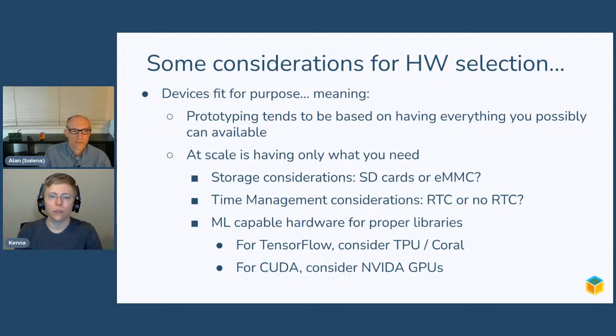So for instance, like a TensorFlow application, you might consider just adding a Coral TPU to your Raspberry Pi. But now suddenly you need an extra USB port. Meanwhile, if you're using CUDA libraries, then of course you're going to need NVIDIA GPUs. And so these are all things that you kind of have to test for. And there are different ways to do that, trying to size your hardware.